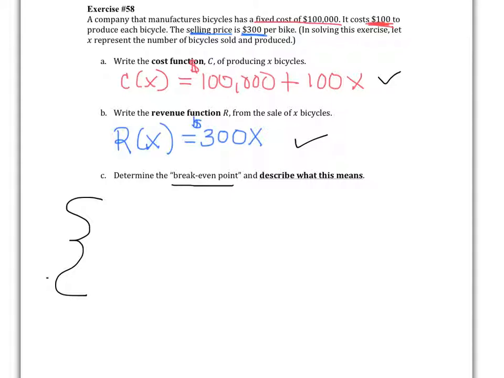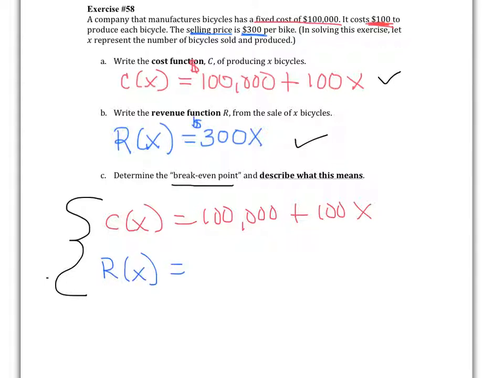Let me go ahead and write it out. C of X equals 100,000 plus 100x, and R of X equals 300x. So this is my system of linear equations.